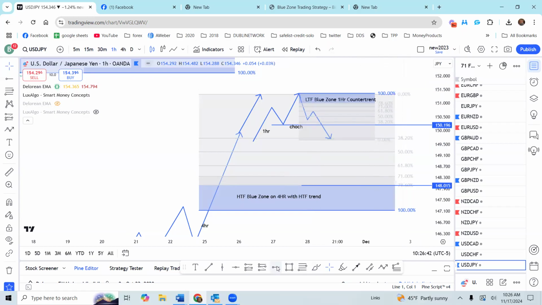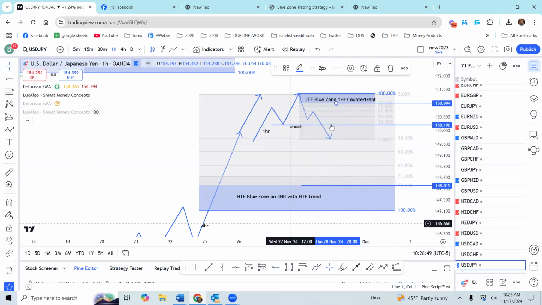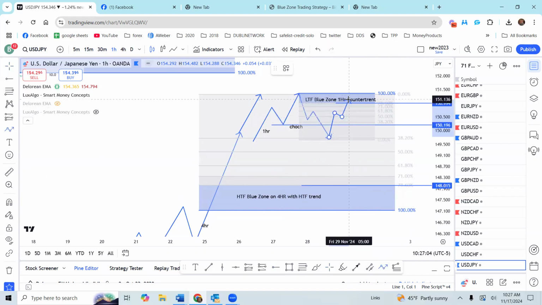So now the idea is to wait for price to come back to the lower time frame blue zone. And then once it comes into that lower time frame blue zone, you still have to follow entry rule number 1, which is you'd be waiting for a sell shift in this situation. So you wait for price to come back into your lower time frame blue zone, you wait for a sell shift, and then you take this down.